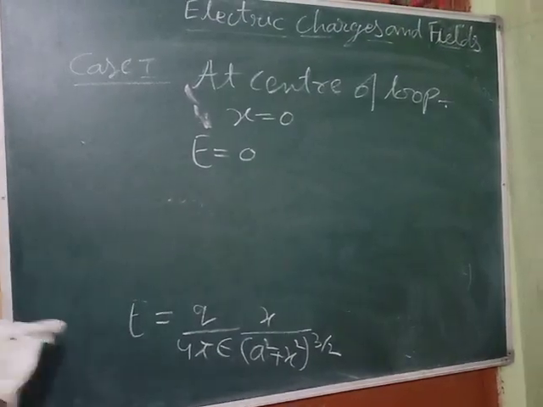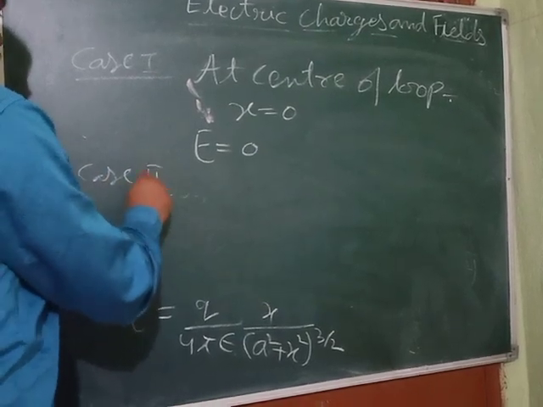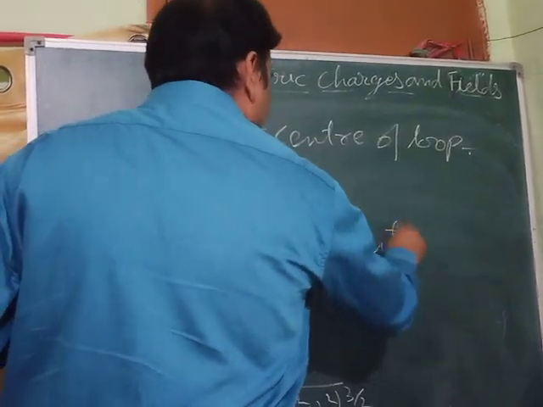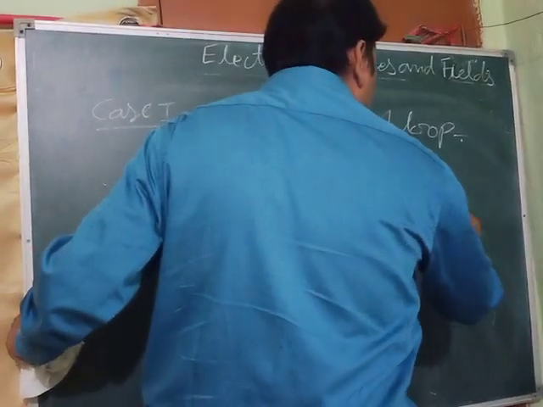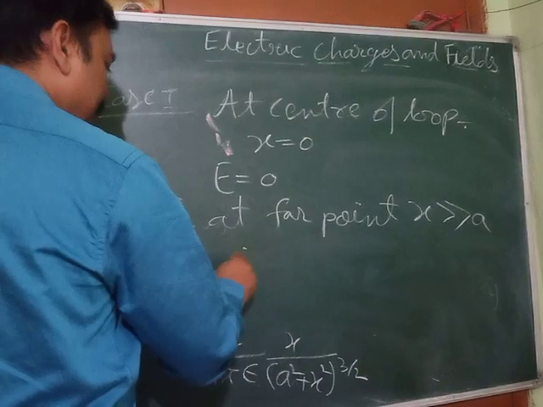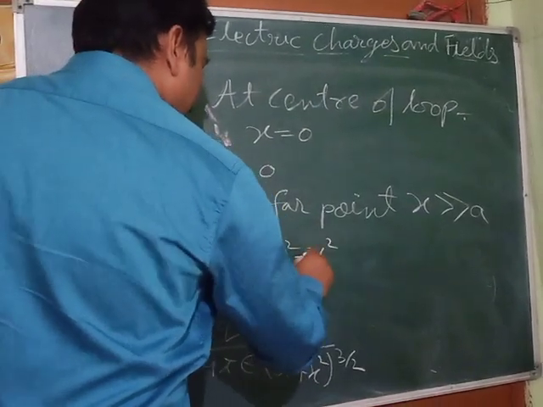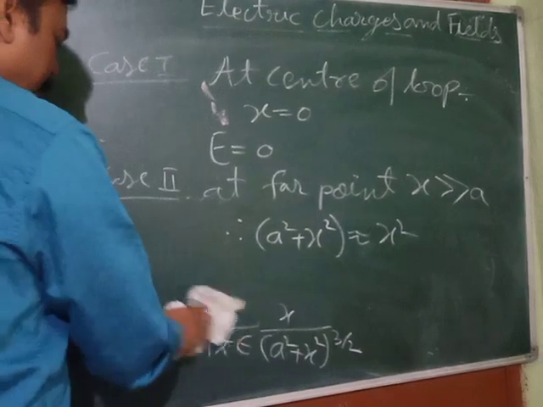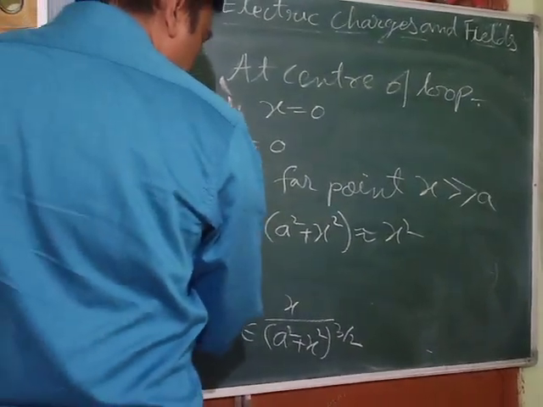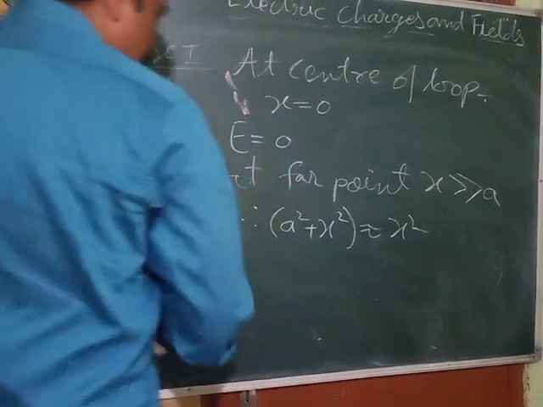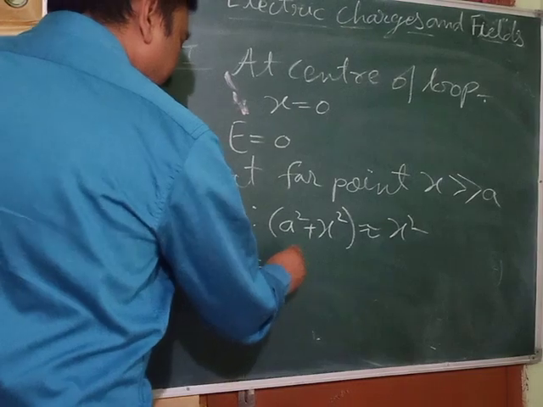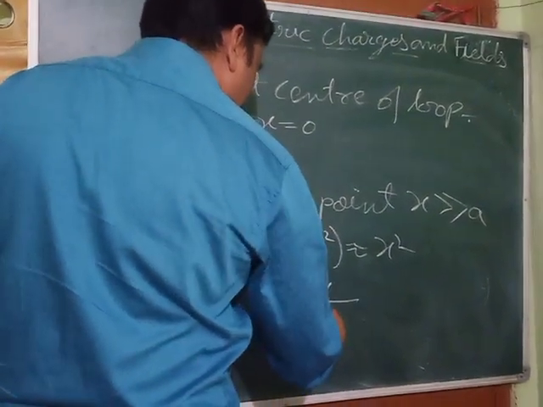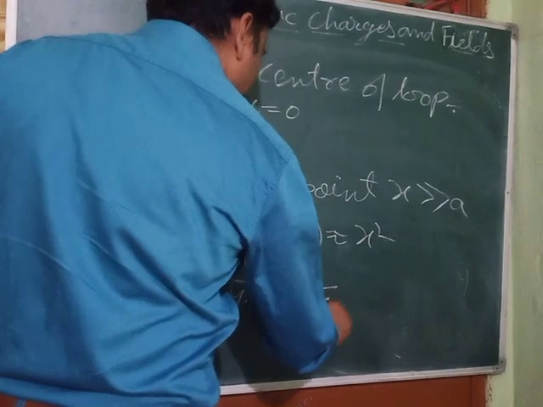Now case 2, at a far point. At a far point, what will happen? x will be much greater than a, and therefore a square plus x square will be approximately equal to x square, and therefore E is equal to Q by 4 pi epsilon times x by (x square) to the power 3 by 2.